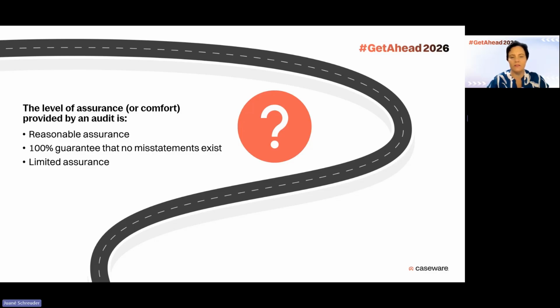What is the level of assurance that we give? Some people say limited, some people say 100% guarantee. Reasonable assurance.